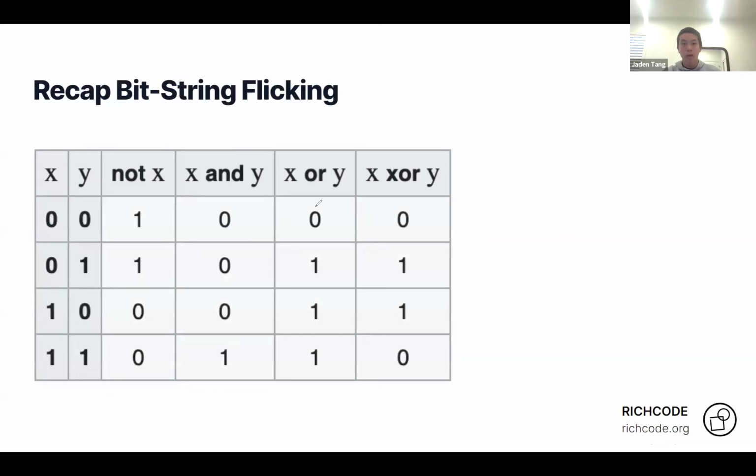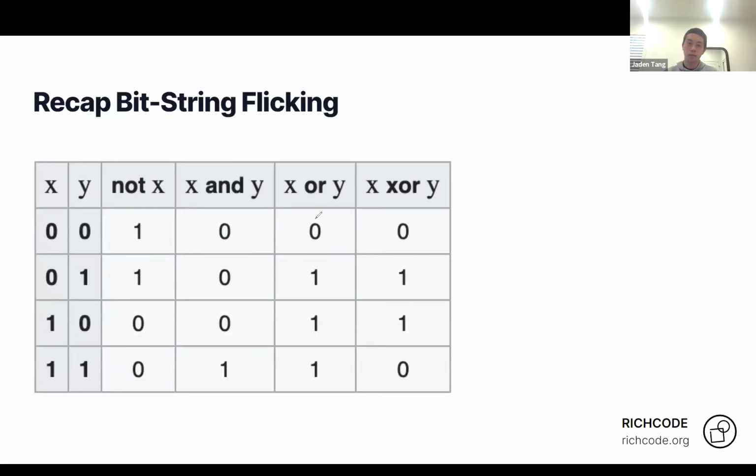So the main things you need to know for bit string flicking are what NOT, AND, OR, and XOR, or exclusive OR, do. NOT just turns something into its opposite. AND is only true if all the elements in it are true.